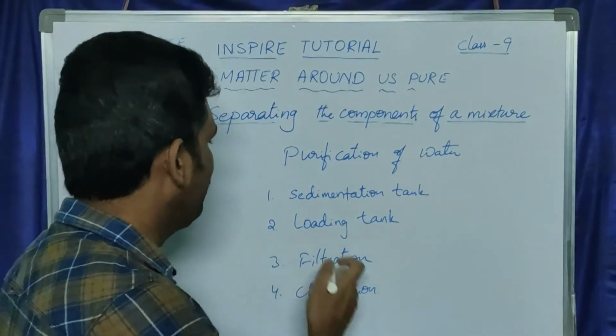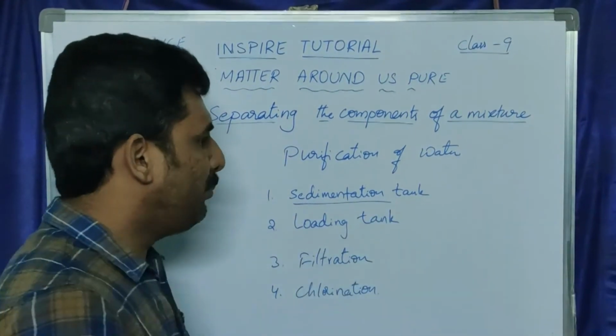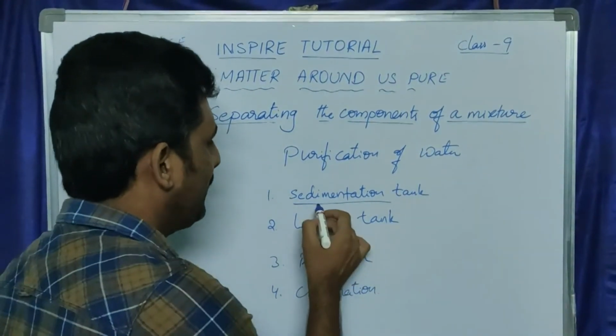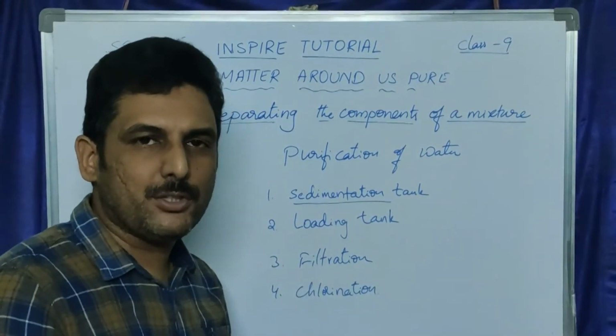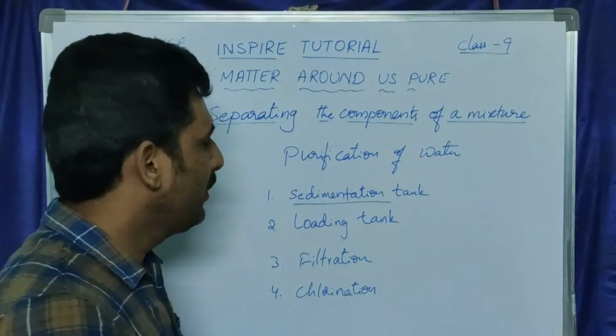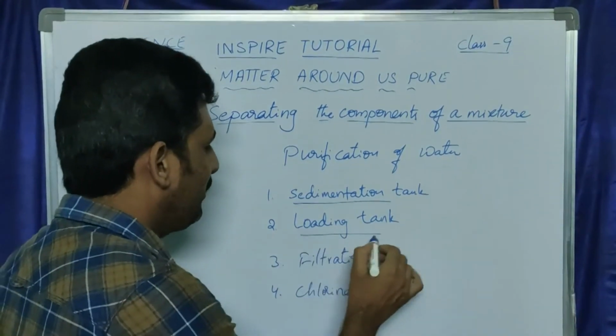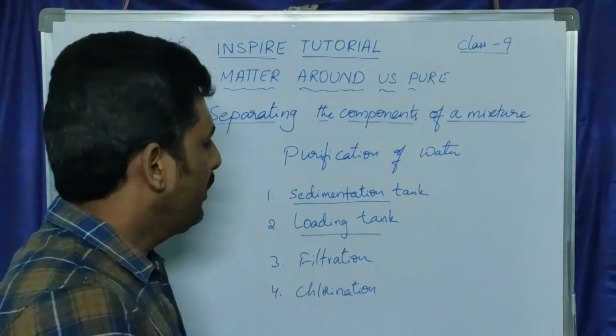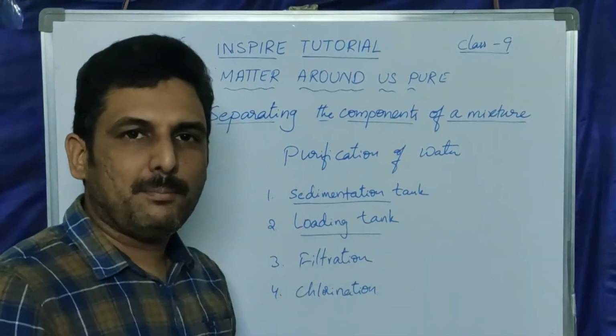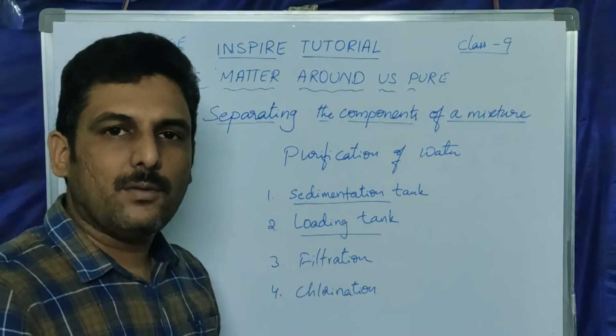Purification of drinking water is done in the following steps. The first one, the water will be sent through a sedimentation tank in which the heavier insoluble solid particles can be removed. And in the second tank, which is called the loading tank, they separate suspended particles present in the water.